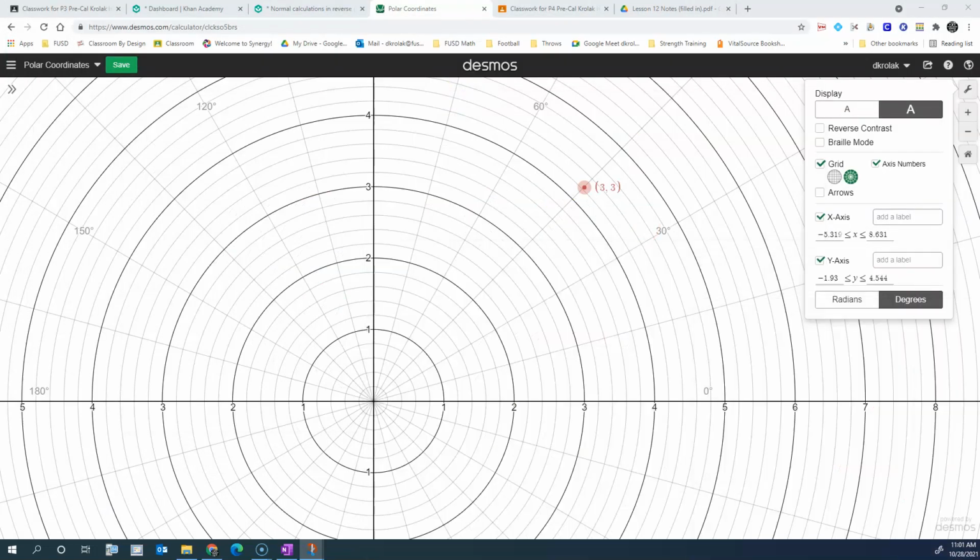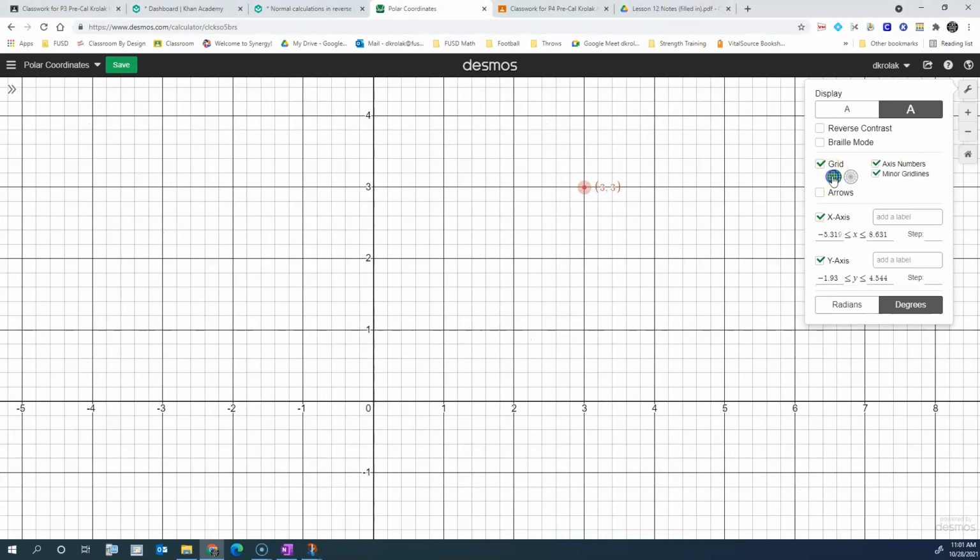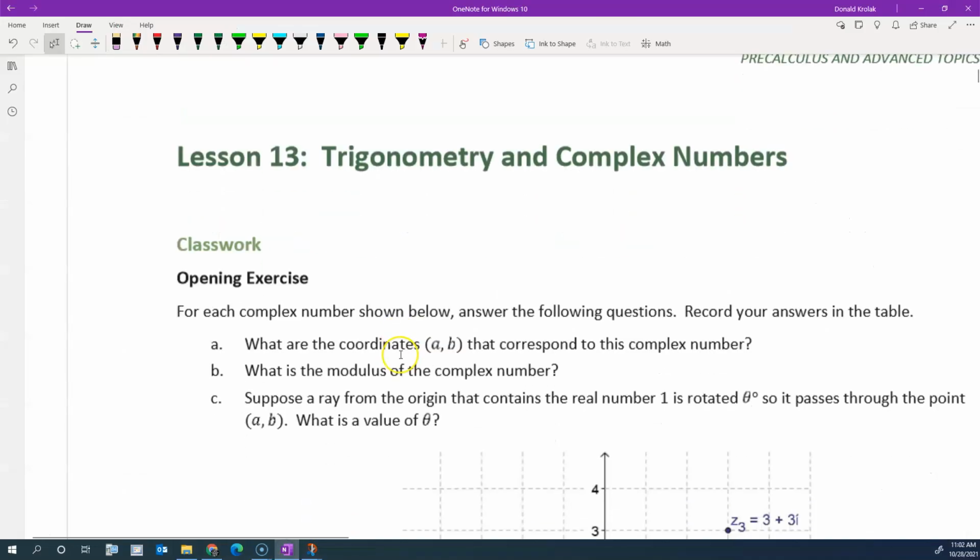That's what this is right here, a rotation and a radius. I can describe anywhere on this chart, just like I did with rectangular coordinates. So that's the purpose of what we're doing today.